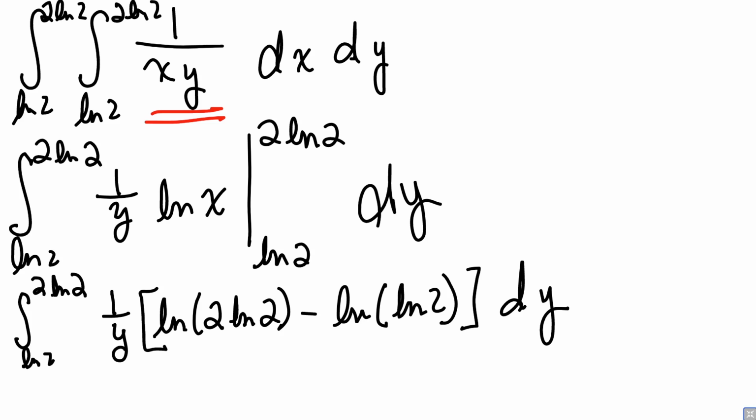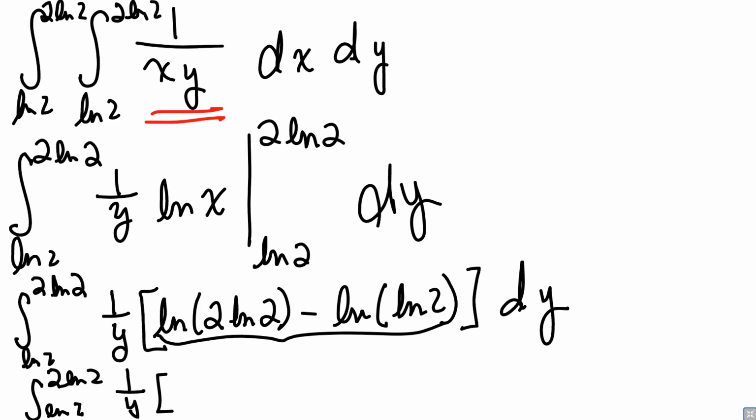But really, this is all the natural log of 2 times the natural log of 2, integrating from natural log of 2 to 2 times the natural log of 2 of 1 over y times, what does this simplify down to? Ln 2. Right, dy.